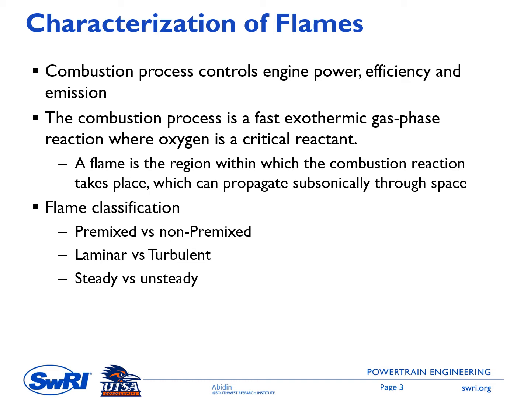And then we might classify the flame based on the bulk flow. In this case, we have a laminar flame, where the combustion process occurs at lower Reynolds number, and the molecular diffusion process controls the combustion speed. And then we might have a turbulent flame.